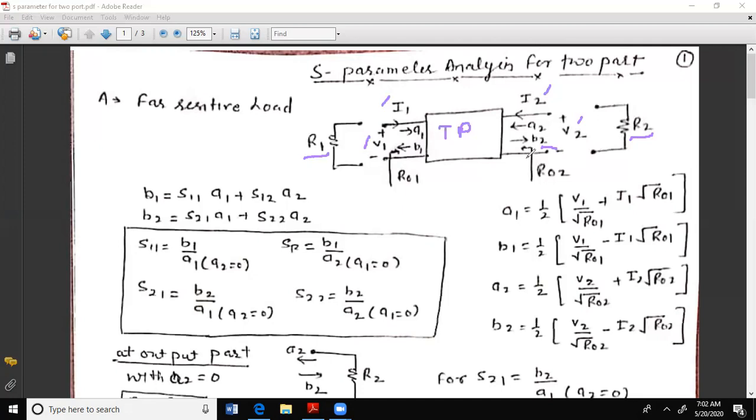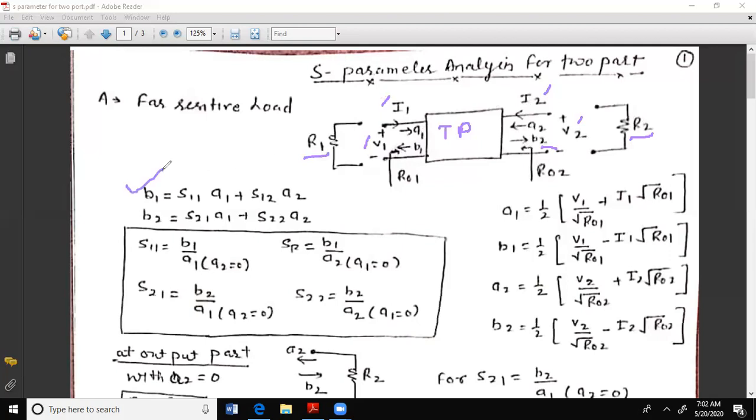Now the equations related to the S parameters. Because we have a two-port, the matrix is 2 by 2, because the reflected power at the input port and the reflected power at the output port are functions of the incident power at the input port and the incident power at the output port.